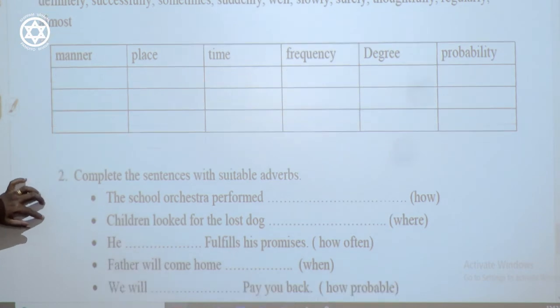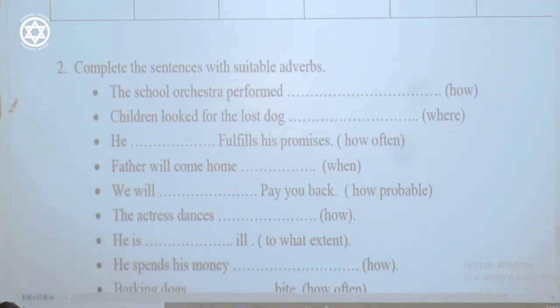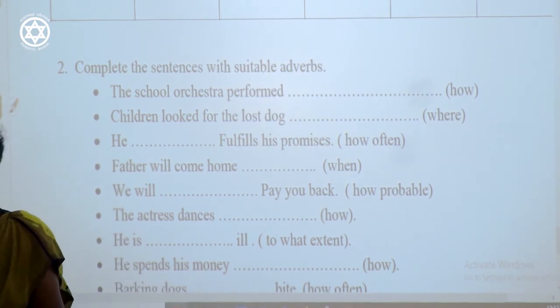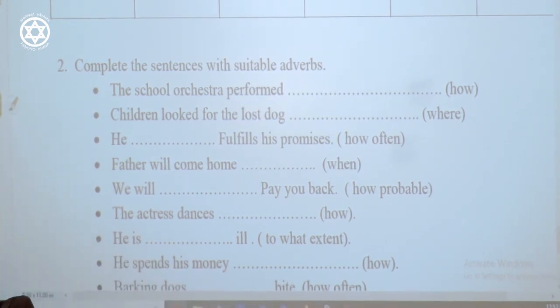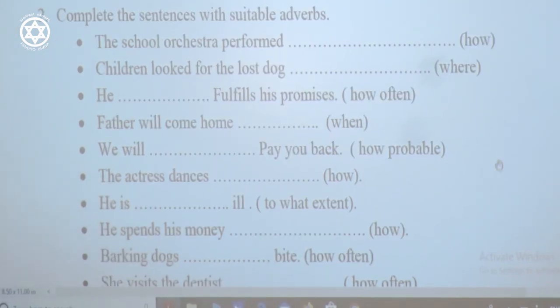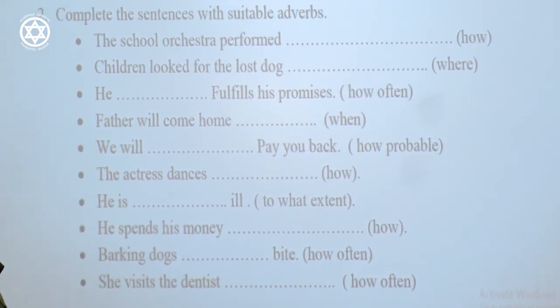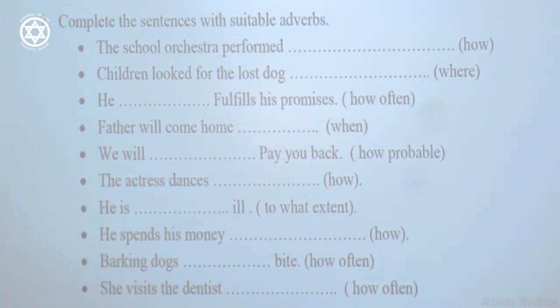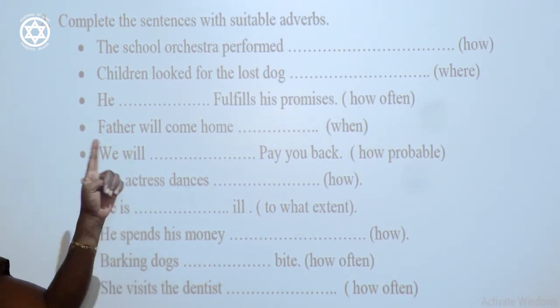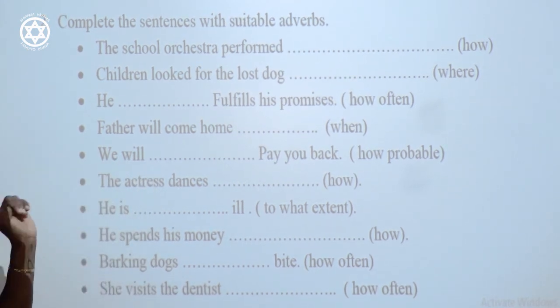Now, let's go to the next activity. Complete the sentences with suitable adverbs, right? So, let's look now. The school orchestra performed. How did they perform? So, what is the adverb you are using here? The adverb of manner.